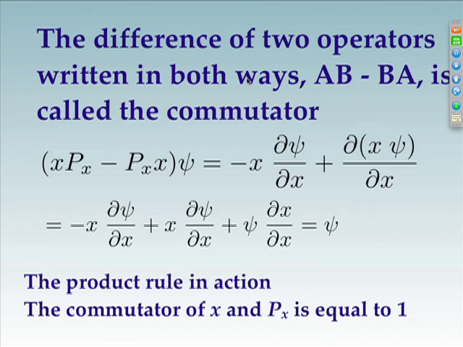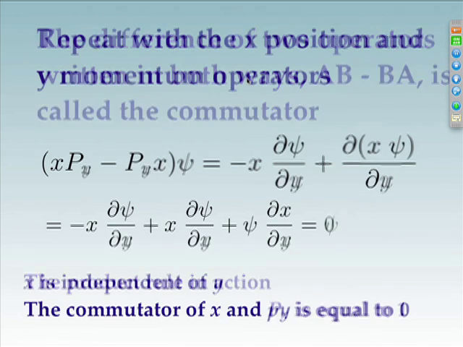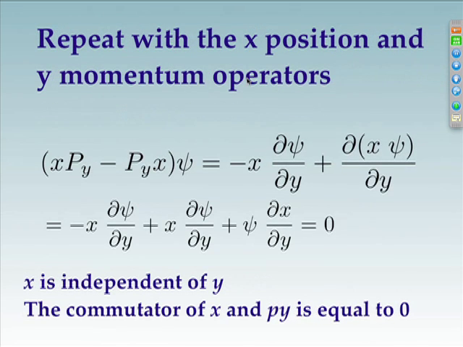So basically, the commutator ends up equaling 1. And if you repeat this exercise with the y momentum operator, then lo and behold, you get 0. So the yx commutator acting on phi equals 0.